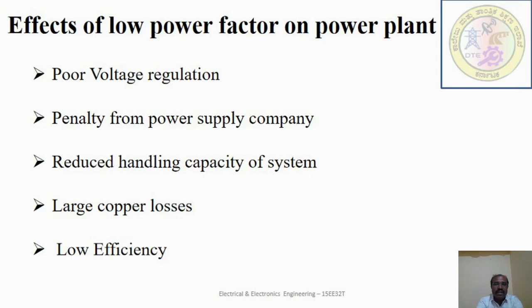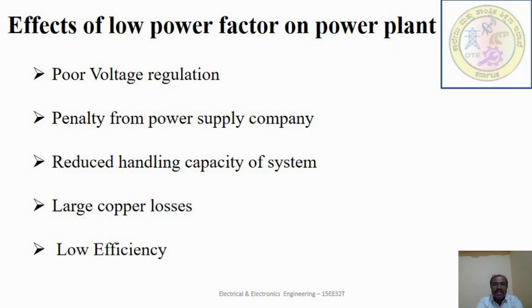And we know that regulation is defined as the difference between sending end and receiving end voltage per unit. When the power is transferred from one end to another, there is voltage drop due to several reasons, and this voltage drop should be within the permissible limit.